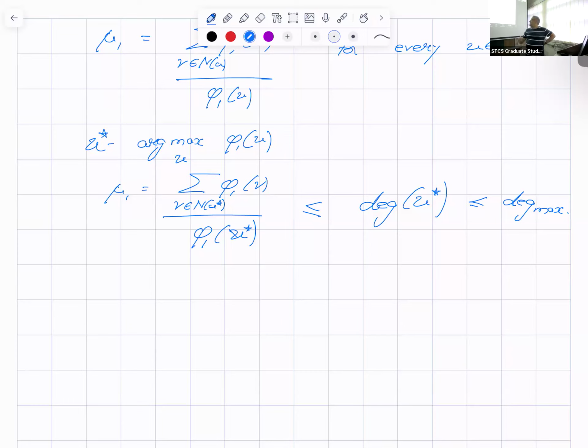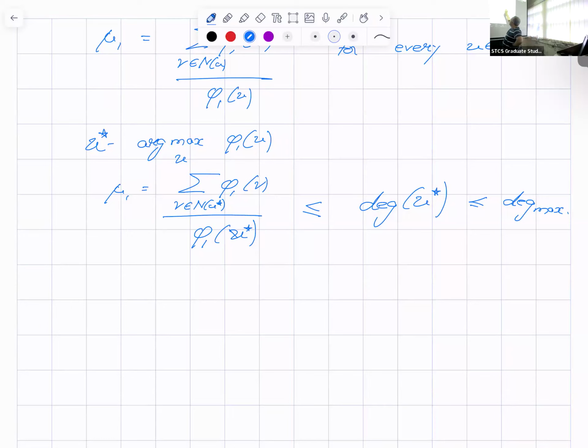When are these two inequalities tight? Can these two inequalities ever be tied? No. So the proof is done right now. We've already shown mu1 is at most degree max.